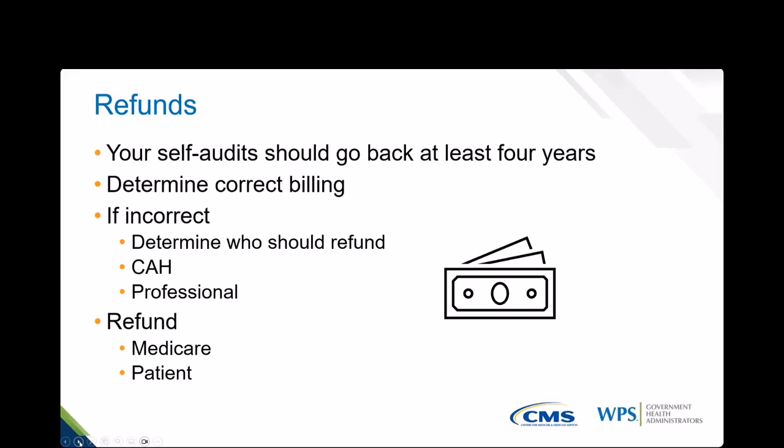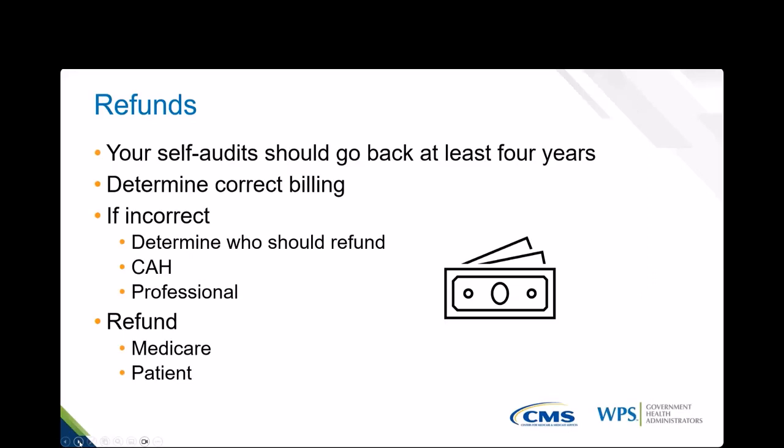You want to determine what was really the correct billing. Should the physician or practitioner's office have billed Medicare for this, or should the CAH office or facility have billed this to Medicare? So if the billing was incorrect, then we have to determine, well, who should make the refund?